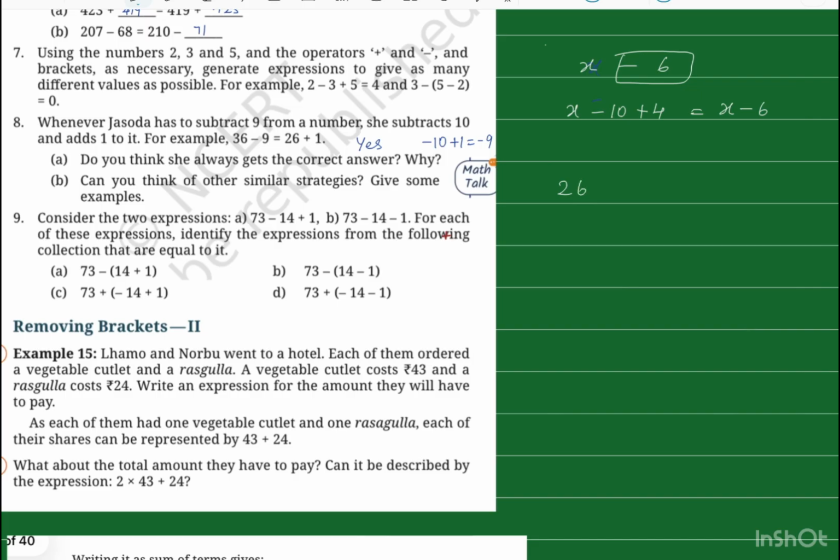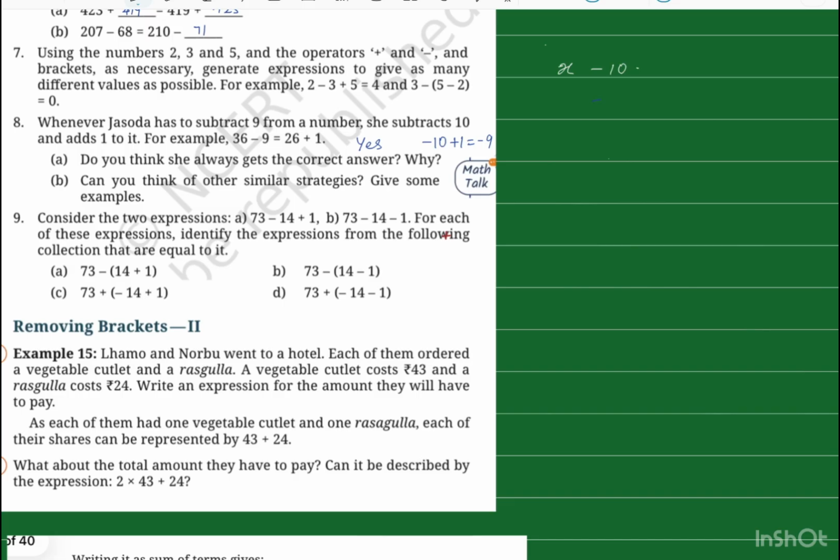So check the answer: 26 minus 6. First we subtract 10, then it will become 16, plus 4, that is equal to 20. 34 minus 6. First subtract 10, then it will become 24, plus 4, it will become 28. For number 72 minus 6, subtract 72 minus 10, that is 62, plus 4, it will become 66.